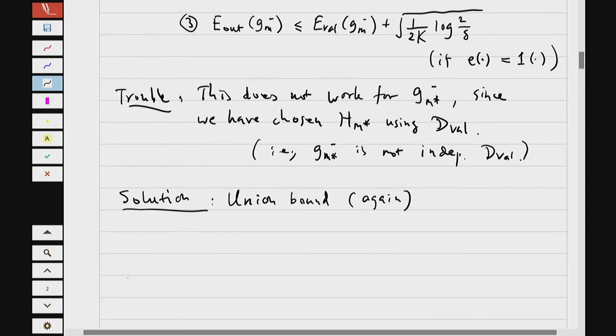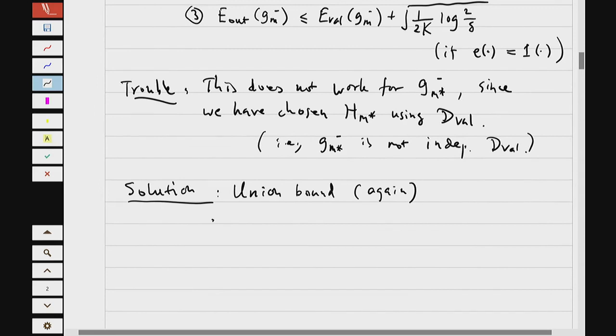We can use the union bound because we know that this hypothesis that you pick has to be one of those M of them: g_1 minus, g_2 minus, to g_M minus. It's one of those, the so-called quote-unquote best one among them.